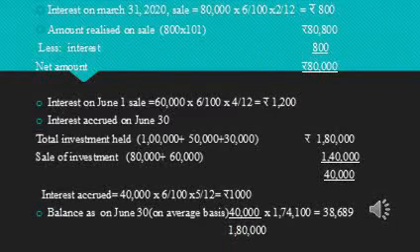Now after that, on 31st March 2020, 80,000 debentures were sold at 101 cum interest. Therefore, at that time, March 31st, the interest will be calculated. That is interest on 31st March 2020 on sales: 80,000 into 6 by 100 into 2 by 12. It amounts to 800. The face value will be 100.